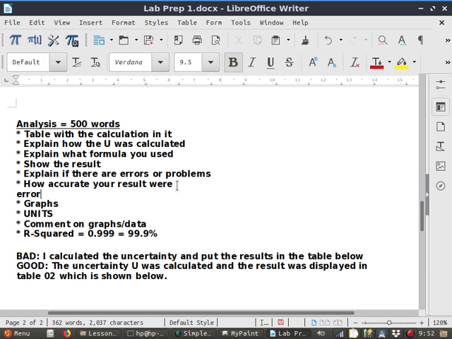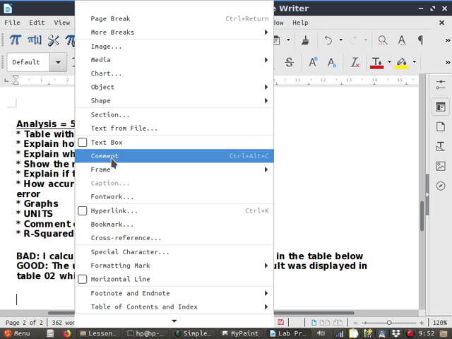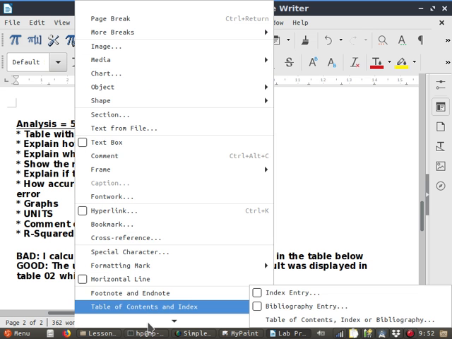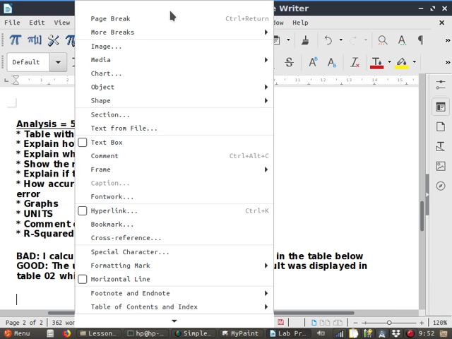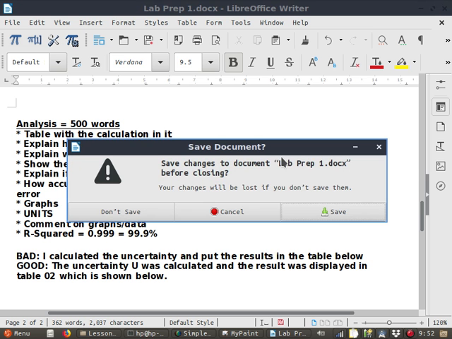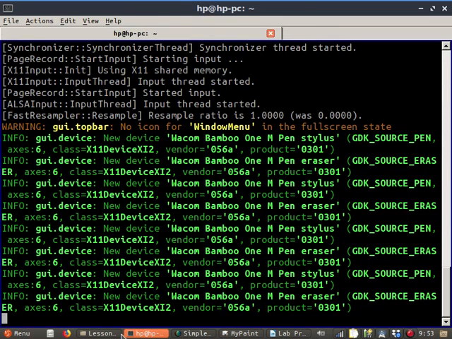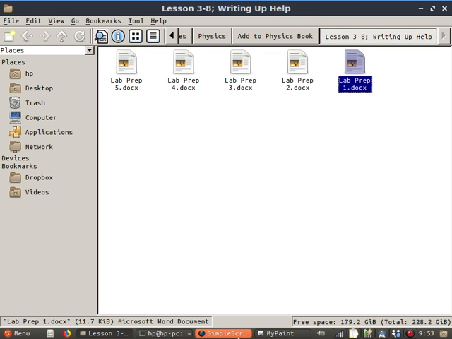Okay. So how to table the calculation? Come on, Summer. You know how to make a table. Insert table, wherever it is. I don't know where it is on this computer. Come on. Don't be so lazy.